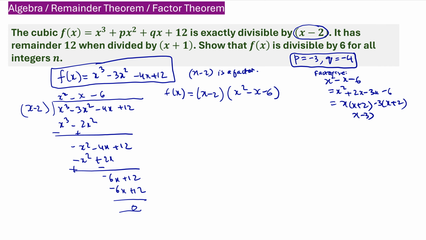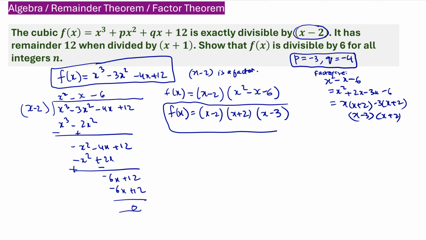So x minus 3 times x plus 2. So I can write f(x) equals x minus 2 times x plus 2 times x minus 3. So that's f(x).